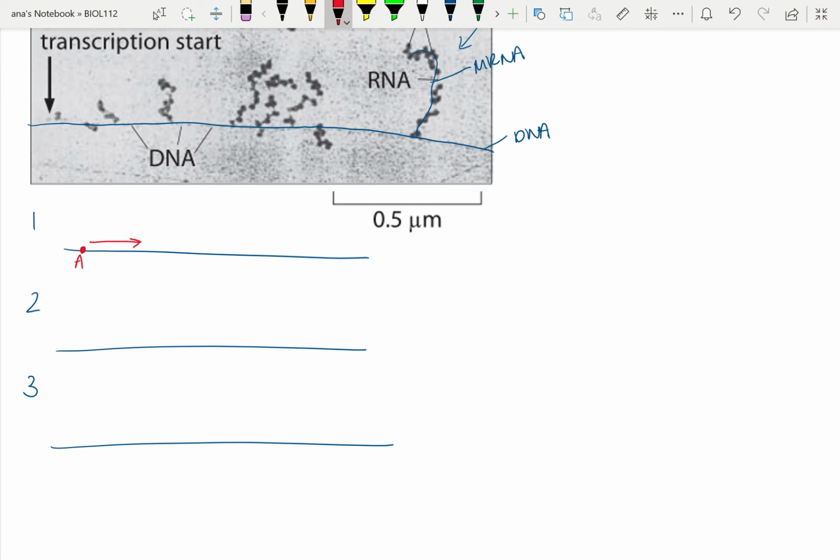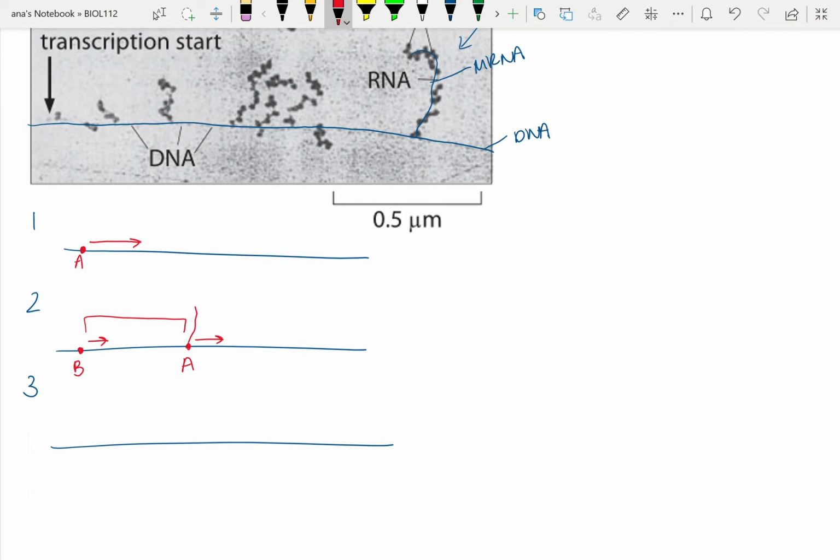And then let's say that 10 seconds later, in time step 2, RNA polymerase B binds, and A is somewhere over here, and they're both still moving to the right. So A has read this whole section of DNA, and now it's turned that into mRNA.